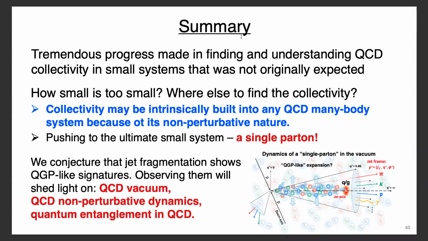So observing this signature could shed light on a number of things: the QCD vacuum, the non-perturbative dynamics of QCD, and maybe possible quantum entanglement. With that, I don't have experimental results yet, but coming soon. Okay.